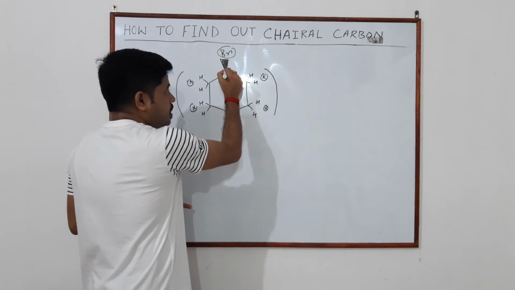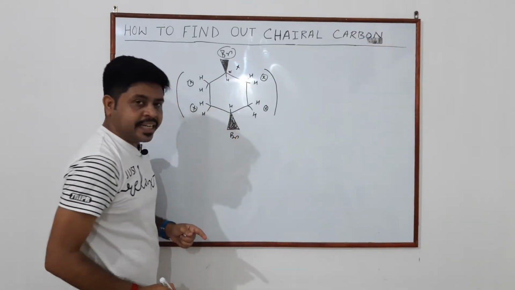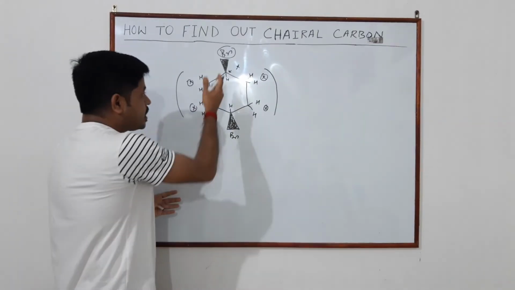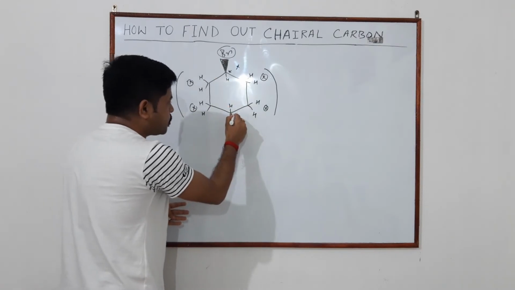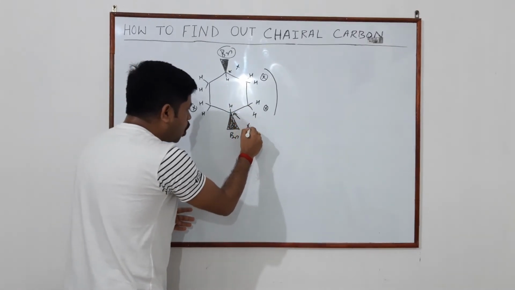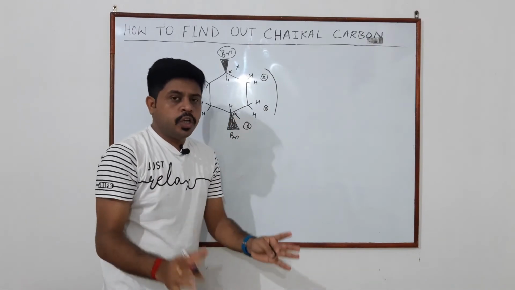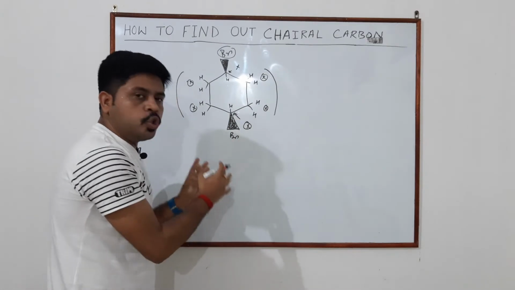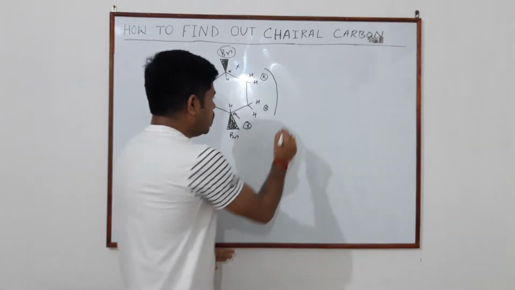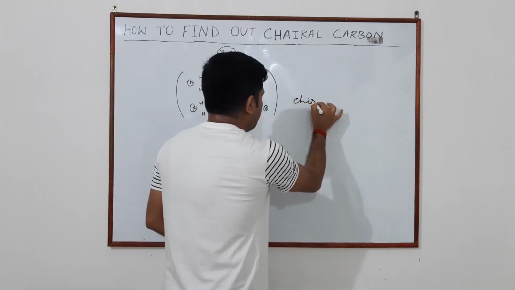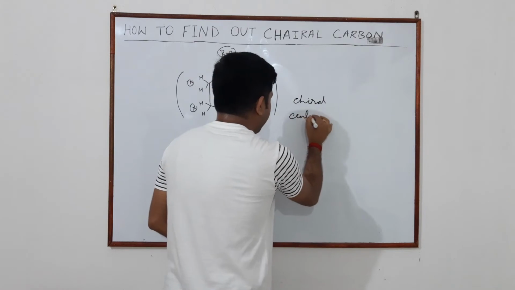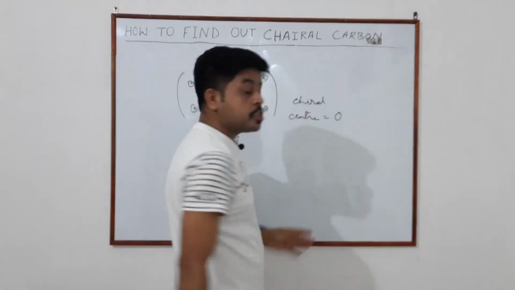So the top carbon is not a chiral center, and in the same way the carbon in the opposite direction is also not a chiral center. So we can conclude the given molecule doesn't have any chiral center. The number of chiral centers for this particular molecule is 0.